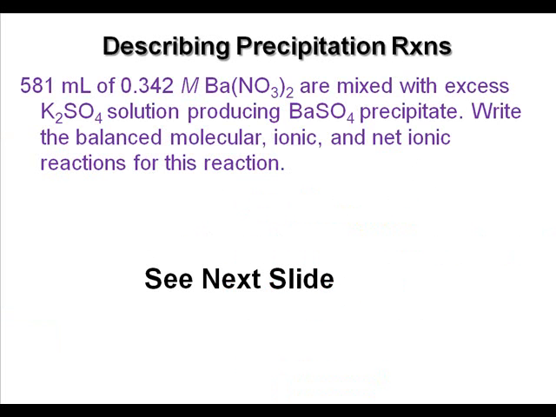So, if you're told 581 milliliters of a 0.342 molar barium nitrate is mixed with excess potassium sulfate, producing this precipitate, write the balanced molecular, ionic, and net ionic equations for this reaction. So let's take a look how you'd write this out.